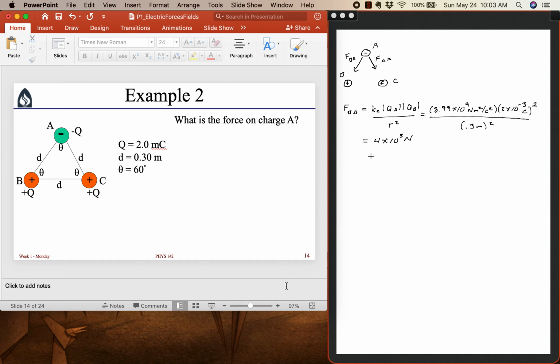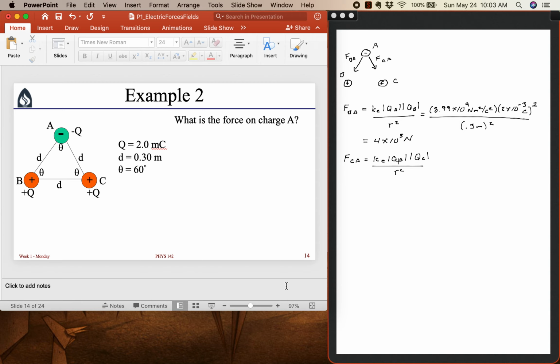Okay, so then we also need to find the force of C acting on A. So that's going to be equal to Ke times the amount of charge on A times the amount of charge on C, all divided by r squared. Now, if I look carefully and compare the numbers that I'm going to be plugging into this equation with the numbers that I plugged into this one, I can see that they're the same.